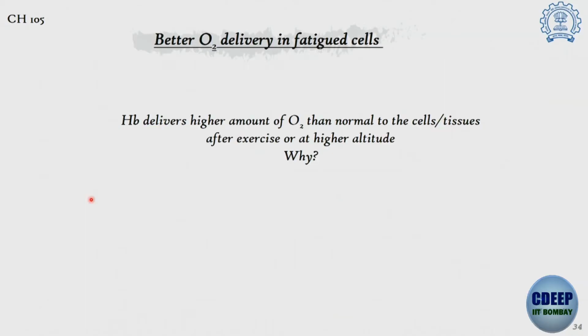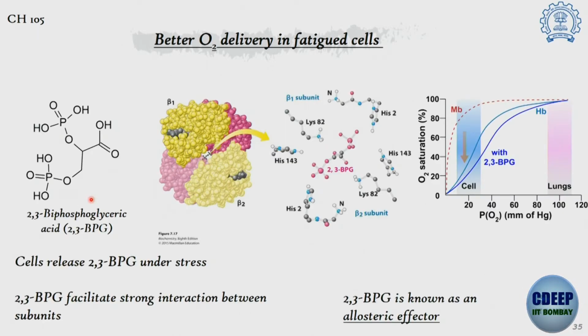Now come to the second question. It is found that hemoglobin actually transfers more oxygen if we go to a higher altitude or do a lot of exercise. Why? The answer to this question is hidden in this molecule shown on the left-hand side, known as 2,3-bisphosphoglyceric acid, or 2,3-BPG in abbreviation.